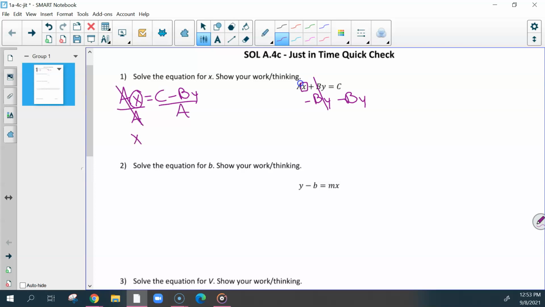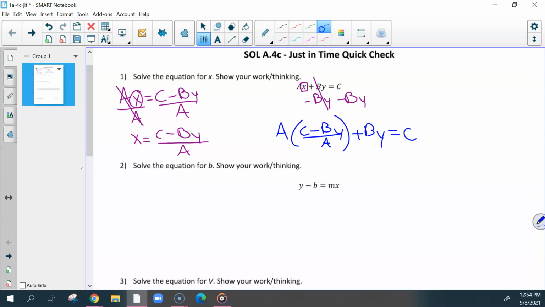So these a's cancel, become 1. Or they don't really cancel. They divide, become 1. And I'm left with c minus dy all over a. I could put that back in to make sure that it works. That would be something like a times c minus dy over a plus dy equals c.